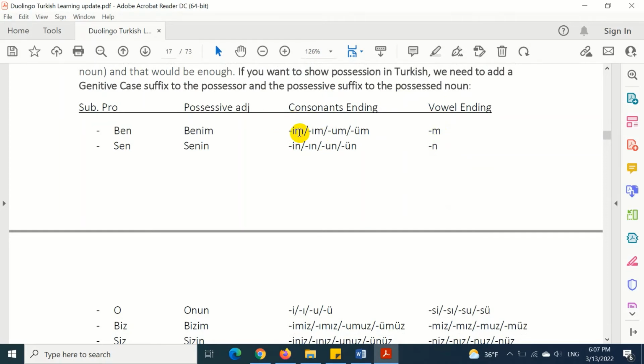Now, don't be afraid of all these suffixes. I wrote them separately in order to understand them well. Actually, you already know that. So simply you can use these 4 letters considering the 4-way vowel harmony.